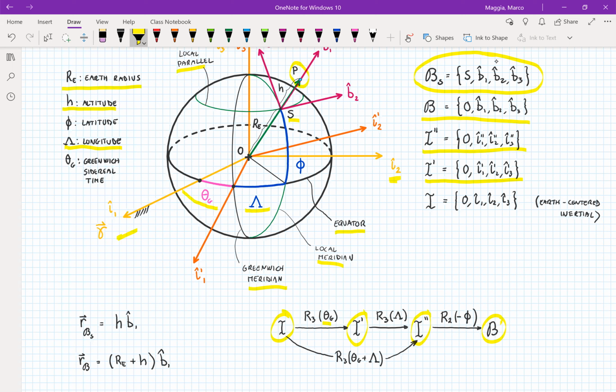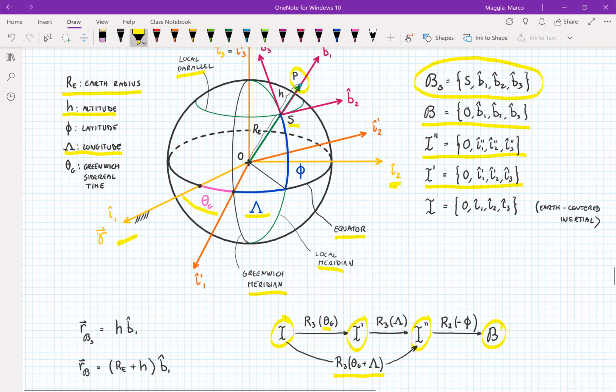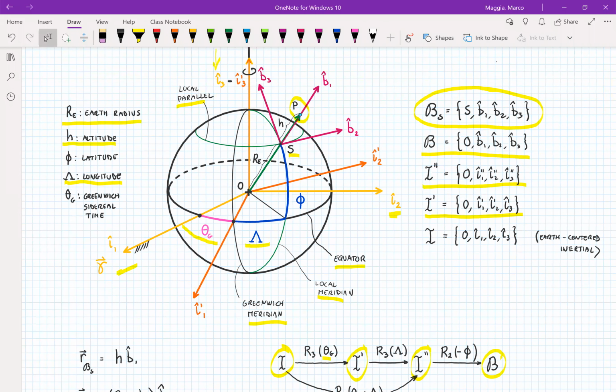So actually, they do not constitute independent rotations. So you can also go directly from I to I double prime by performing a rotation R3 of the sum of theta g and lambda. Is this a counterclockwise or a clockwise rotation? Well, you see that the rotation about the z-axis is counterclockwise, so the angle is positive.